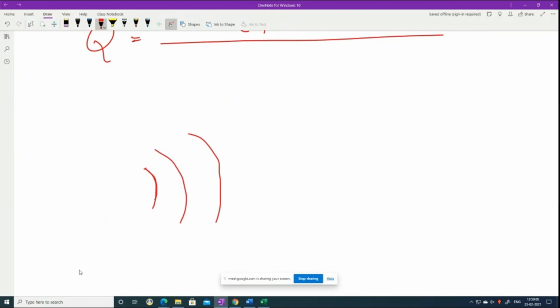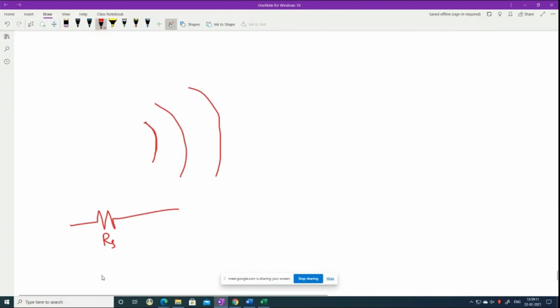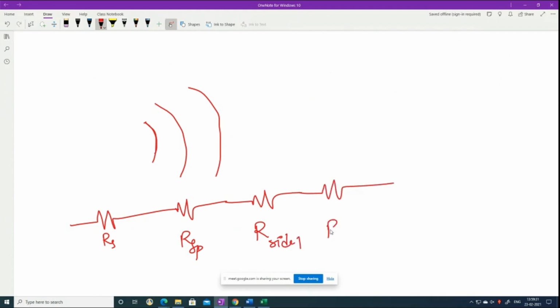If you have three, what will be your resistance circuit? First you will have the surface resistance due to the first one, and then we will have space resistance, and then the resistance due to the radiation shield on side 1, and resistance due to radiation shield on side 2, and then we have resistance due to space, and then resistance due to surface.